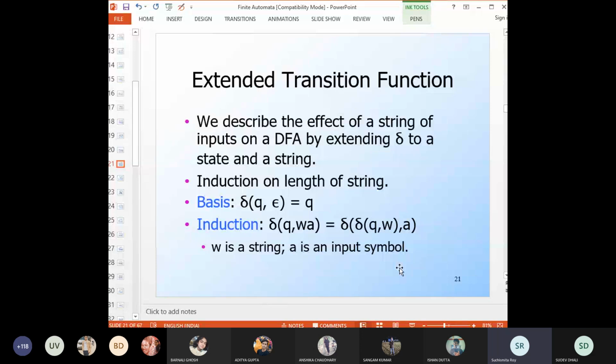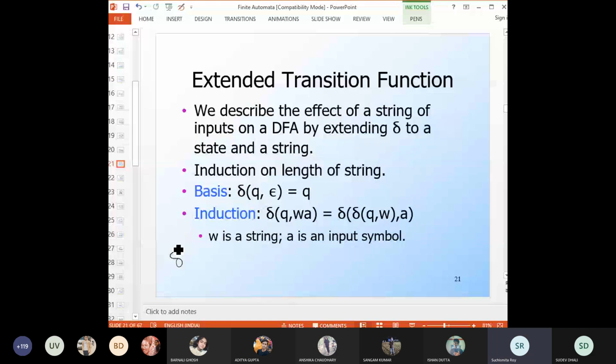So when we are talking of the extended transition, which is still represented by delta, some people put a cap on it, which is called delta cap or delta hat. So the extended transition function is not just on a single input character, but on a string, which might be a sequence of input characters.